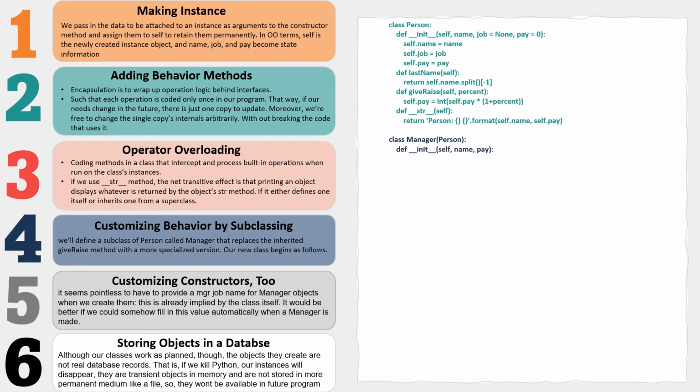It would be better if we could somehow fill in this value automatically when a manager is made. To accomplish this, we need to customize the constructor logic for the Manager subclass in such a way as to provide a job name automatically. In terms of code, we have to redefine an init method in Manager that provides the mgr string for us. So let's do it.